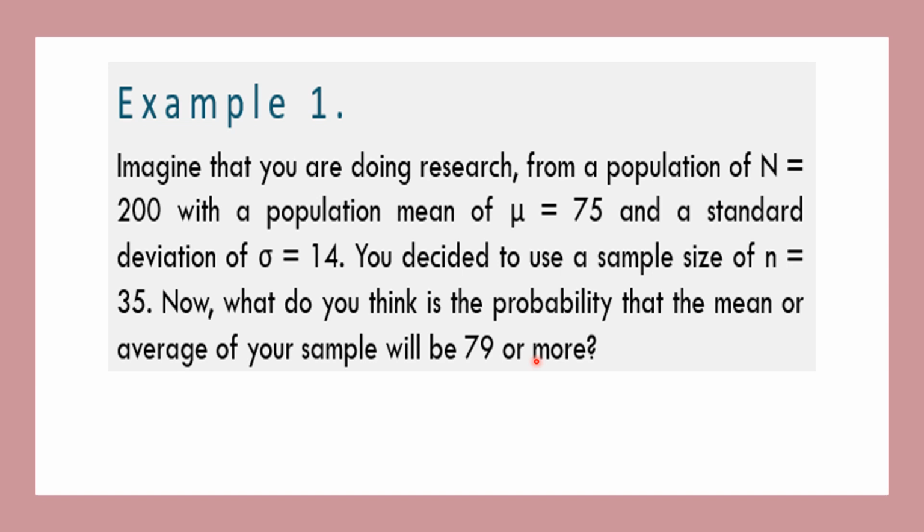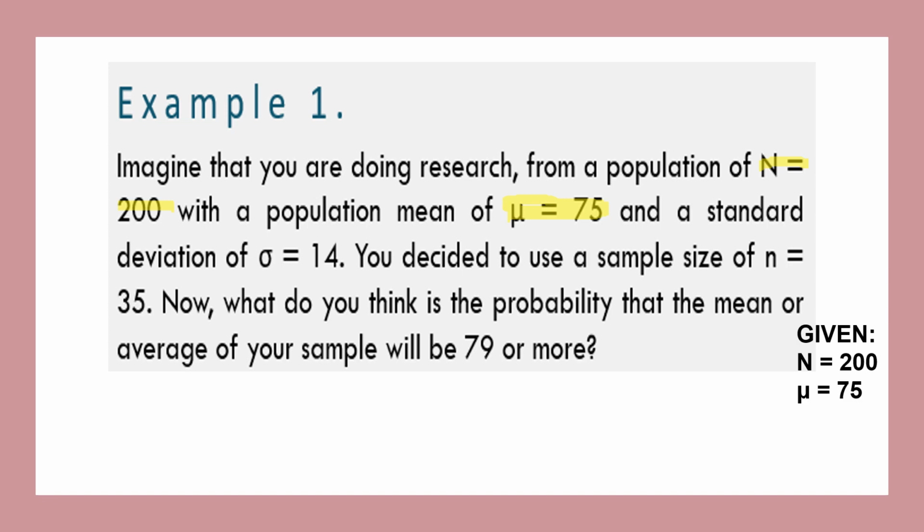Of course, in a worded problem, alam nyo naman na yung una natin gagawin is always find the given. So what do you think are our given? So we have here population, which is 200. What else? So population mean, or the mu, is 75.